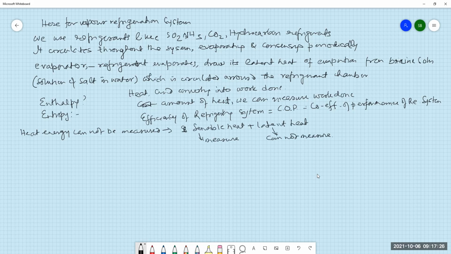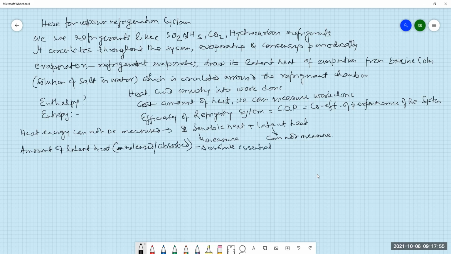But the amount of latent heat measured, released, absorbed, is absolutely essential to know the refrigerating effect.